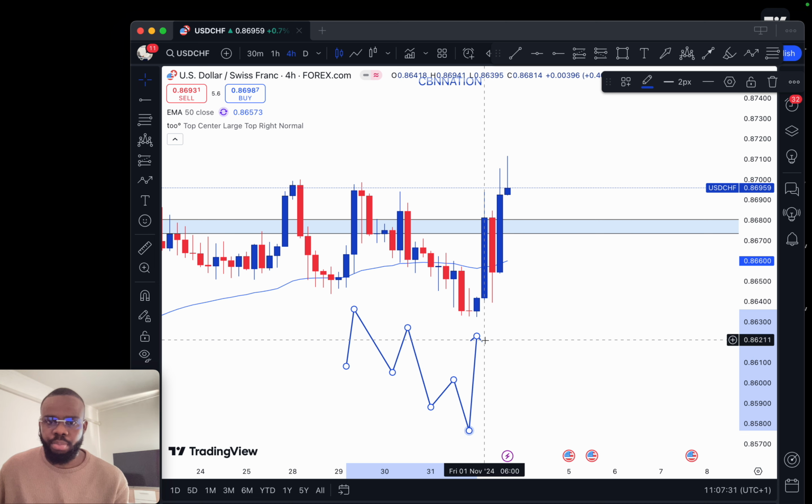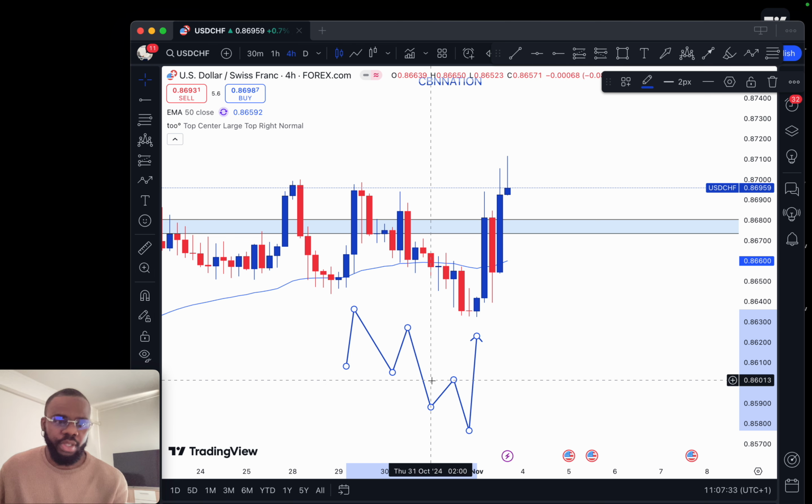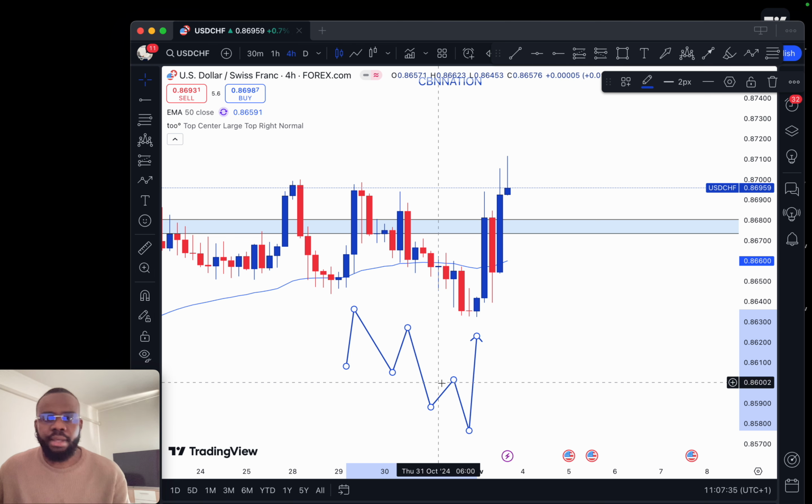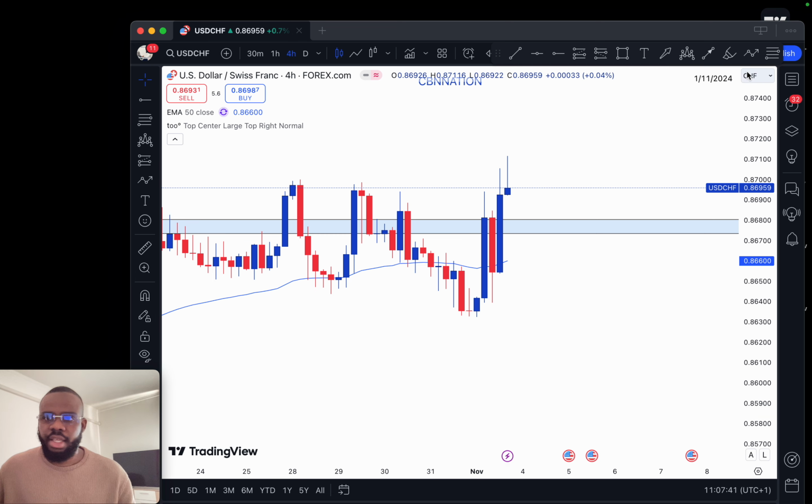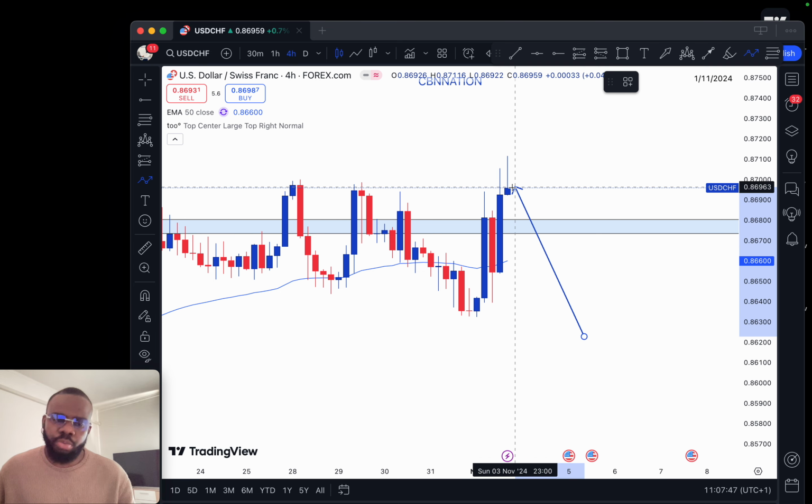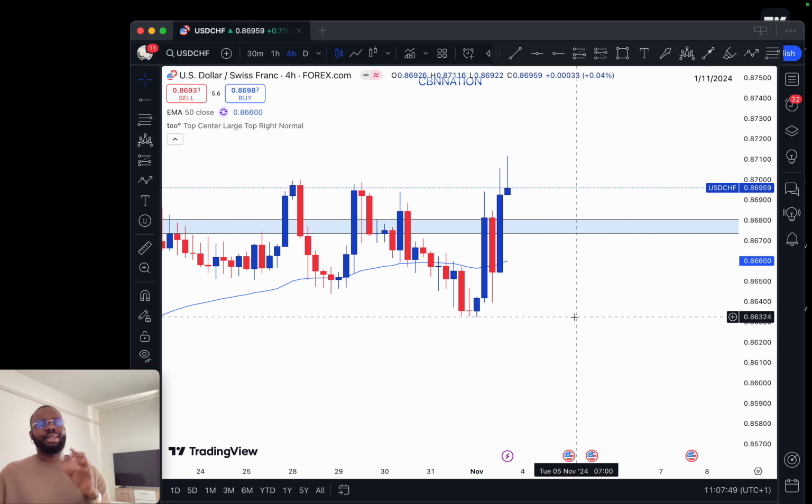Immediately we body close above the last high. That signifies that the 4-hour time frame shifted bullish, and then again it pulled back down, then closed bullish again, which signifies that the 4-hour time frame and the daily are heading to the upside.